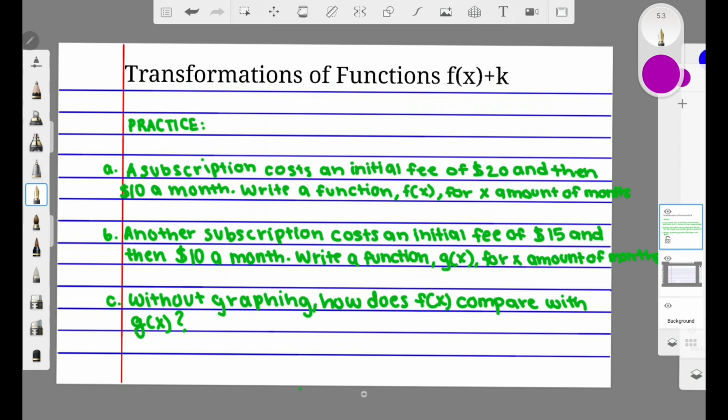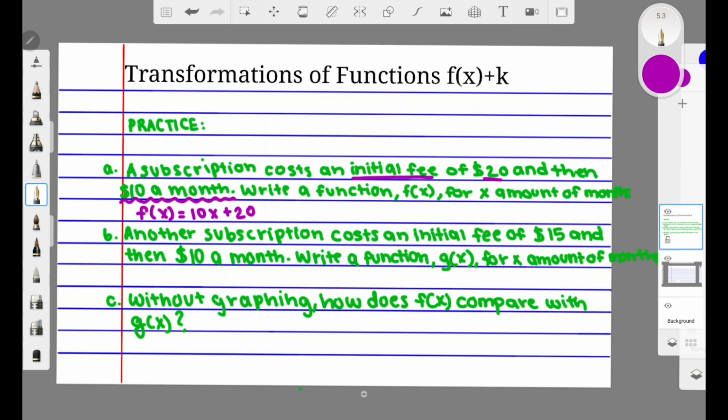All right, now that you're back, we can go over all of the problems. For A, we have to write a function, f of x. Let's identify our slope, the rate of change, $10 a month, times the variable x, plus the initial fee of $20.